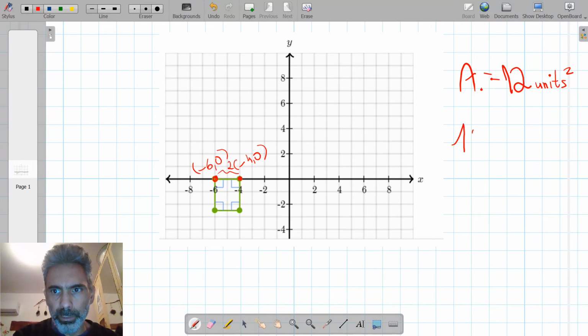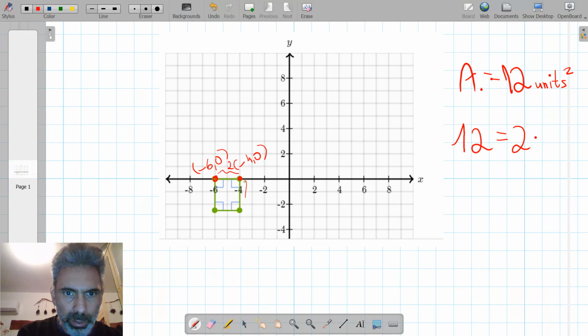Okay, so 12, which is the area, equals one side of the rectangle, which is 2, times the height. Let's say that this is the base of the rectangle, the 2, times the height. So I need to isolate the h to figure out the length of this side.